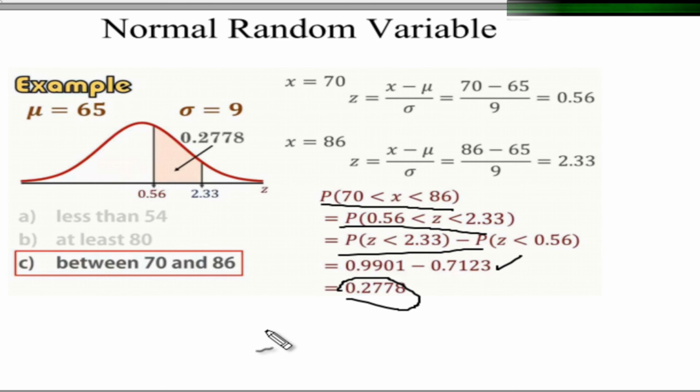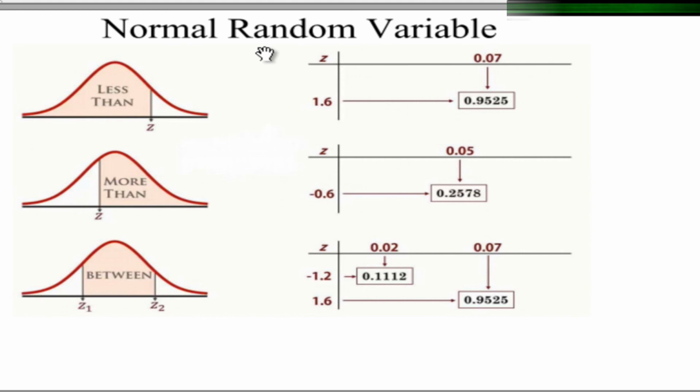Actually, in many countries and many courses, there is a separate course on normal random variable in which different scenarios are taught, but we are discussing it in our course here. So what did we discuss today? These are basically the three scenarios. When you are going to find the less than value, you will just find a value and it will be equal to less than. Okay, if you want to find the value which is more than some z value, then what will you do?